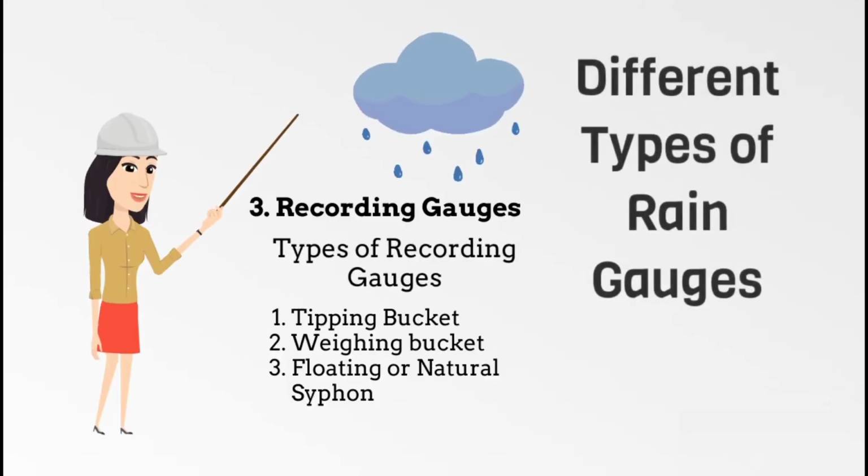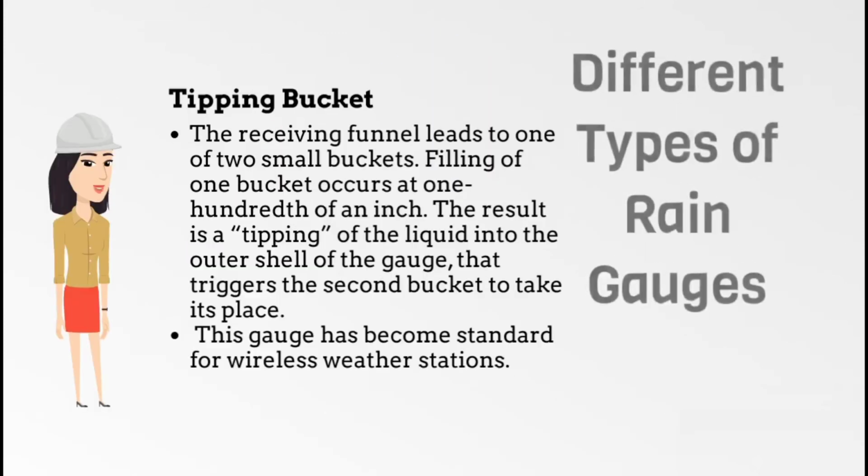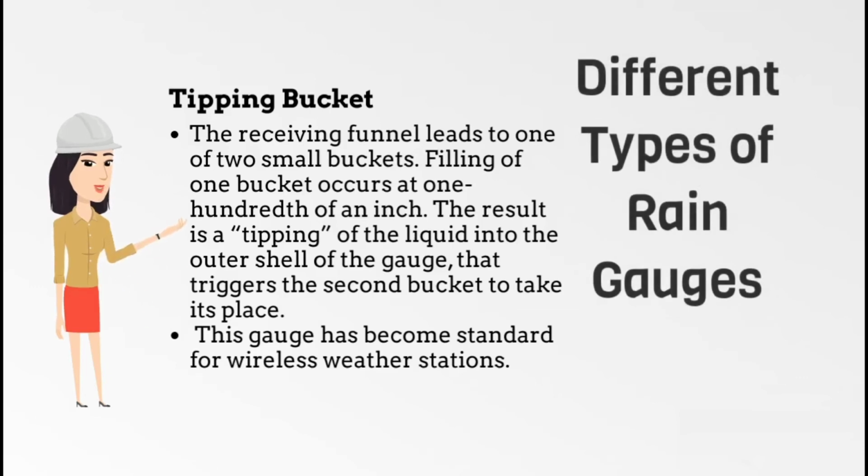Three types of recording gauges are tipping bucket, weighing bucket, and floating or natural siphon. Tipping bucket. The operation of a tipping bucket rain gauge is quite different from the standard gauge. The receiving funnel leads to one of two small buckets. Filling of one bucket occurs at 100th of an inch.